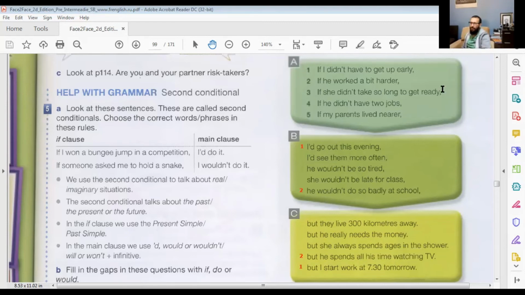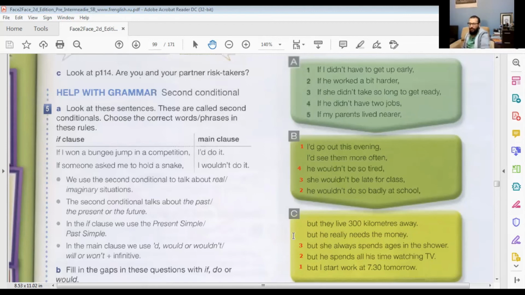If she didn't take so long to get ready, she wouldn't be late for class. But she always spends ages in the shower. Correct. And number 4? If he didn't have 2 jobs, he wouldn't be so tired, but he really needs the money.